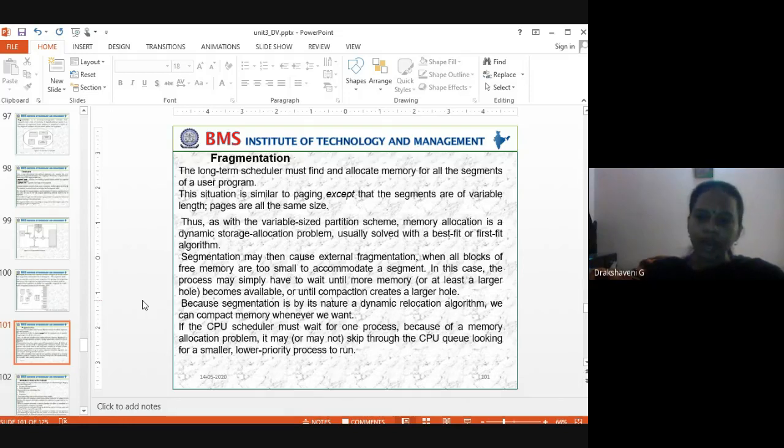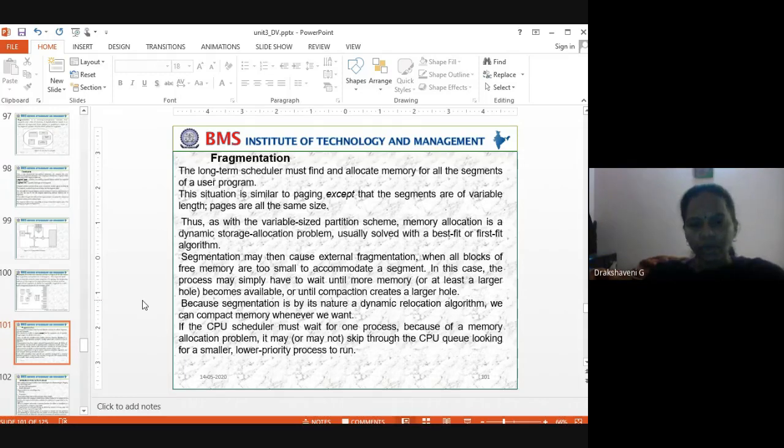If Chaitra and Mithili are still using the memory, and Anu asks for so much memory which is not available, then Anu has to wait till Chaitra and Mithili complete and free the memory. Only then can Anu use it. The same way here, unless it is completed, we cannot use it.